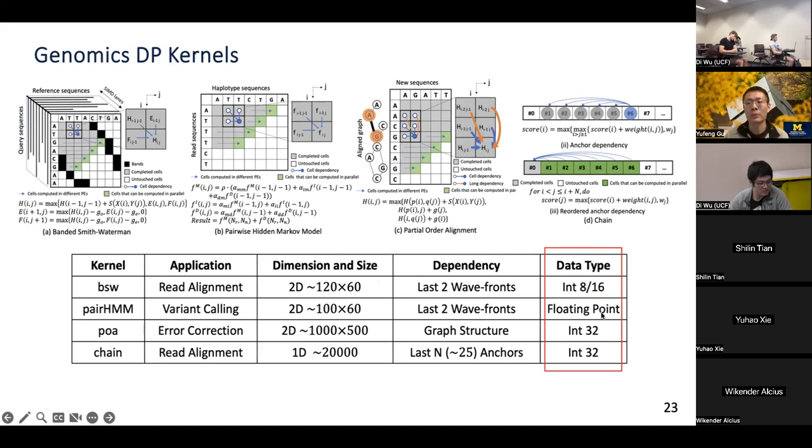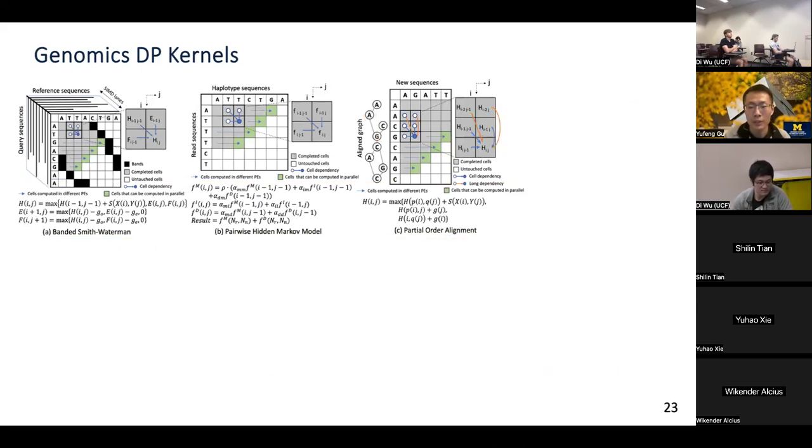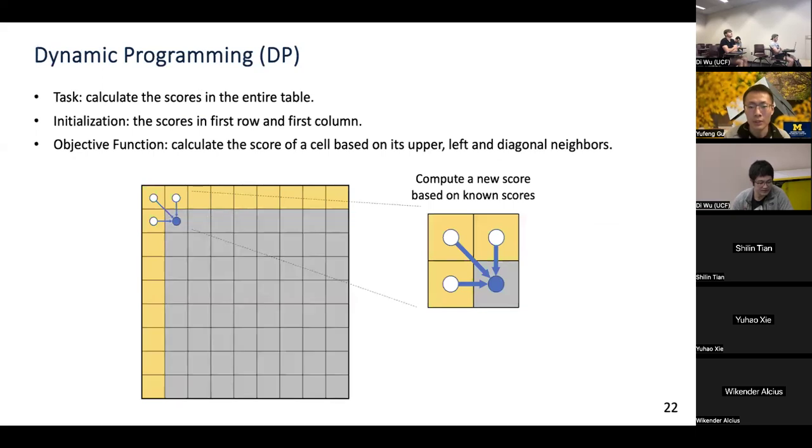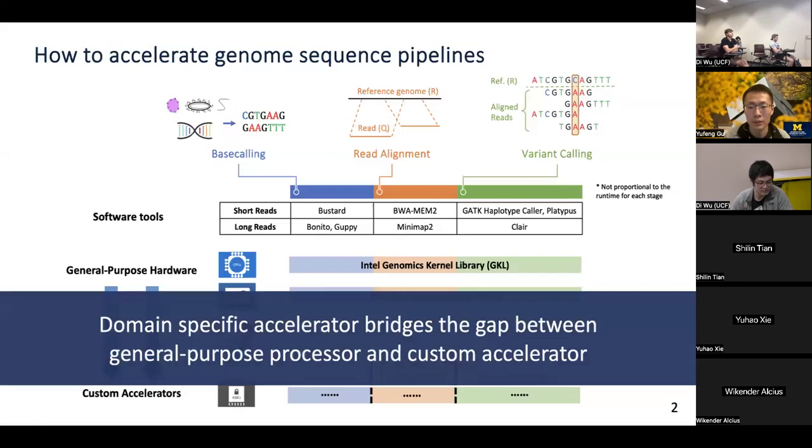So usually when people use floating point, it means we need this precision. We don't want to lose precision.